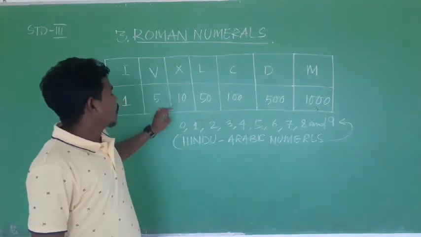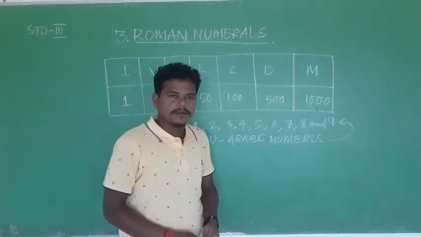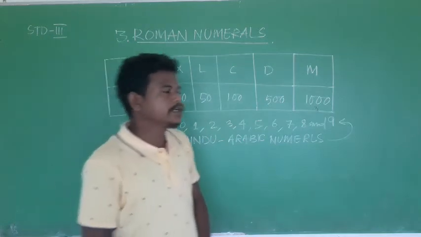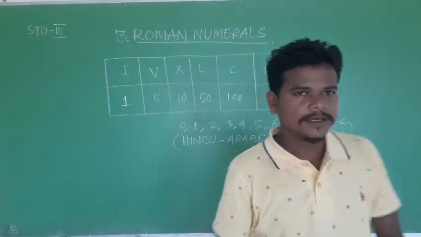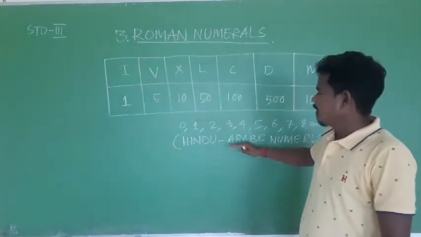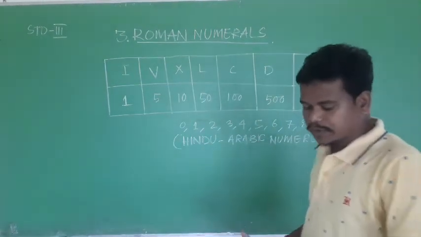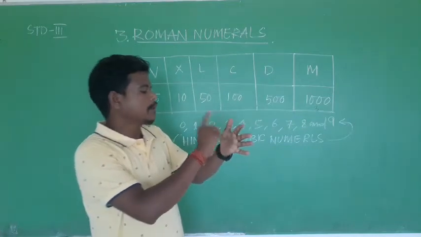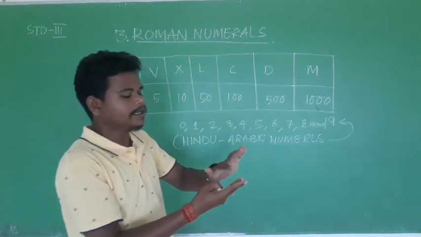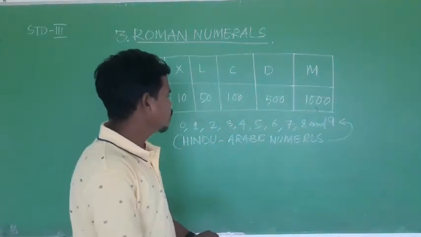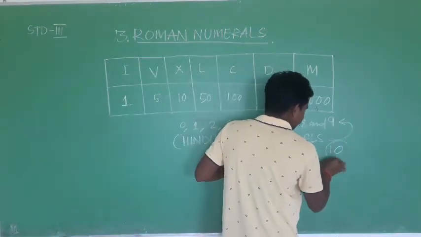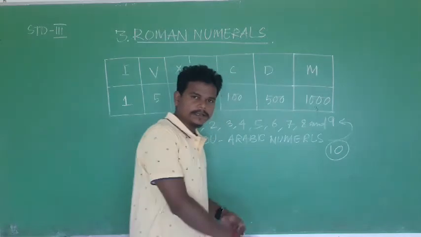Listen. In ancient days, ancient Indian people developed this method, and they used to count on the fingers: 1, 2, 3, 4, 5, 6, 7, 8, 9, 10. But 10 is the combination of 1 and 0, right?